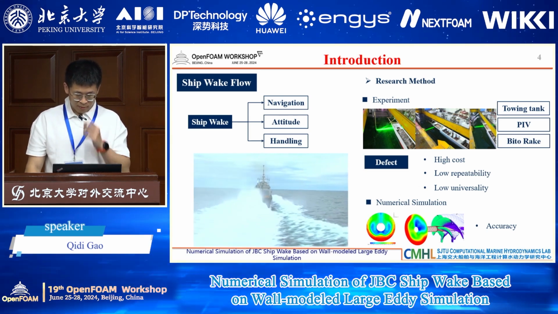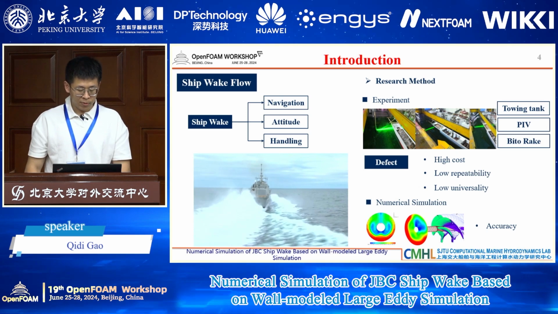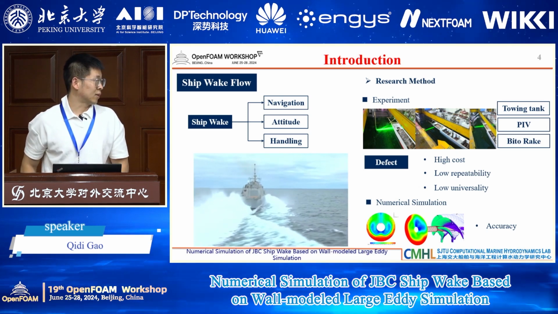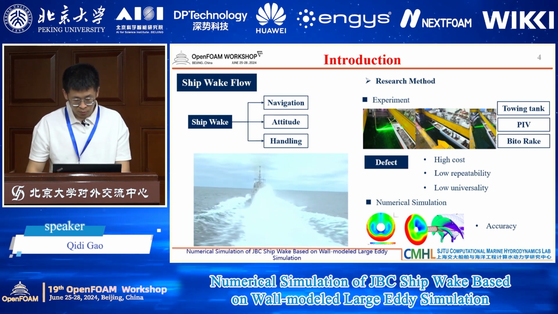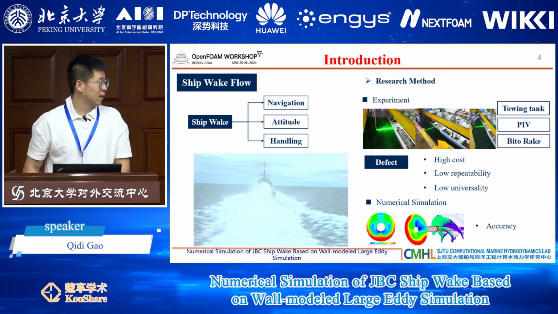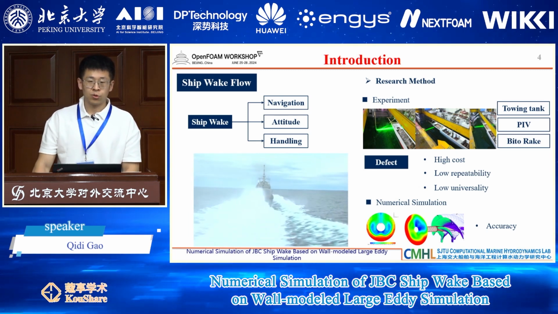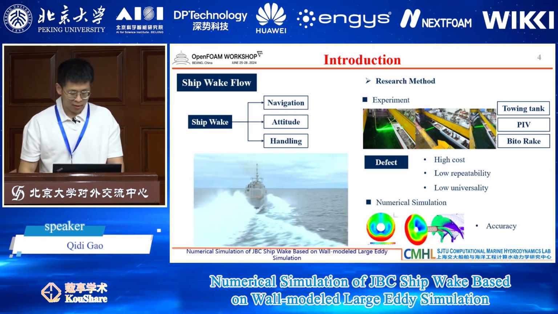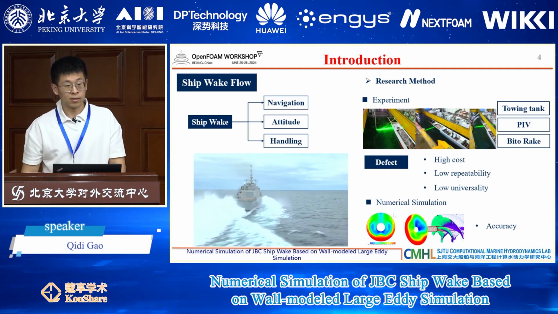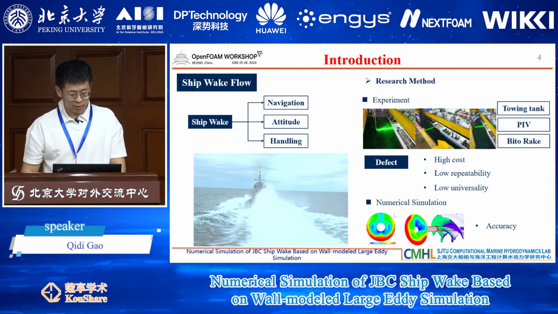But model experiments have defects like high cost, low repeatability, and low universality. So if we want to do a model experiment, we need a long period to get the results we want.